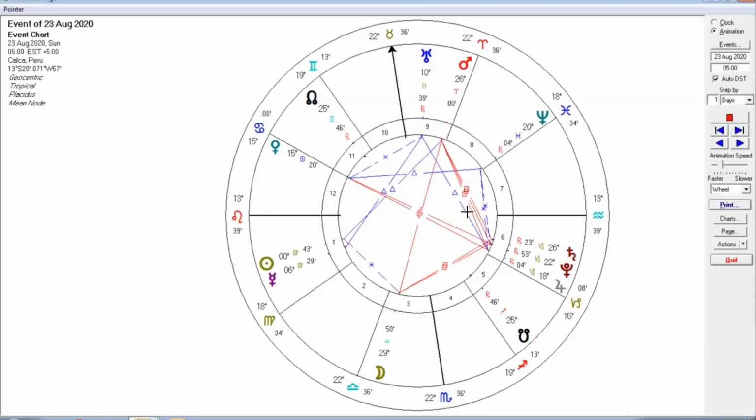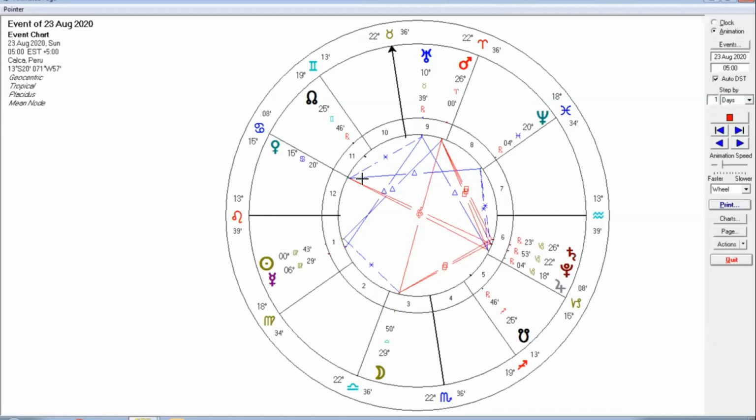We have 365 days usually in a year, and there are 360 degrees in a circle. So 1 degree a day. So the sun spends roughly 1 month in each sign of the zodiac, roughly 30 days.